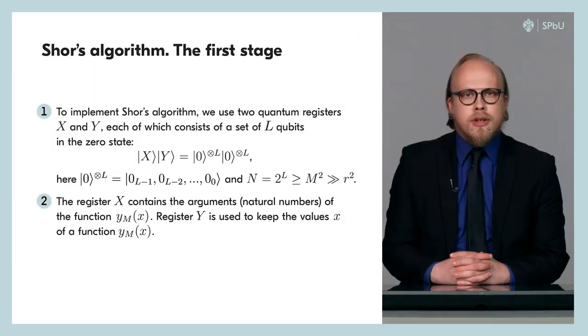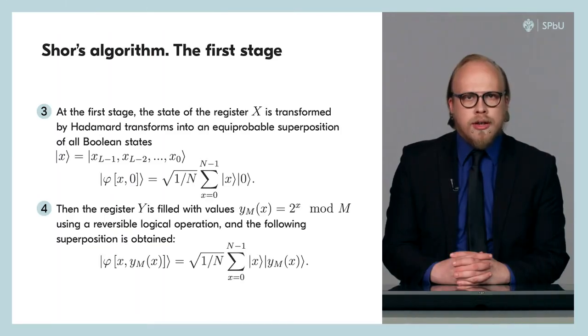So, at the input of the switching circuit that implements the Shor algorithm, two L qubits in the state 0 are entered. Moreover, the first L qubits form the data register and the next L qubits form the value register. At the first stage of the Shor algorithm, using Hadamard transform of the data register, we create an equiprobable superposition of all possible states of these qubits.